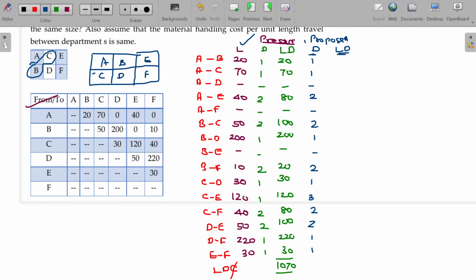Load is this one and distance under proposed model is this one. So you multiply these two columns. 20 into 1, 20. 70 into 1, 70.